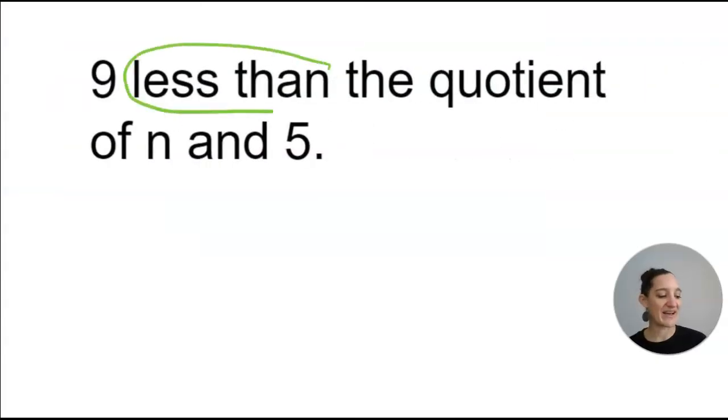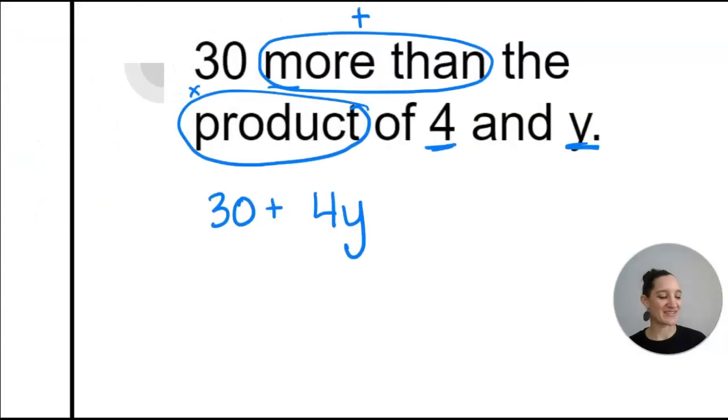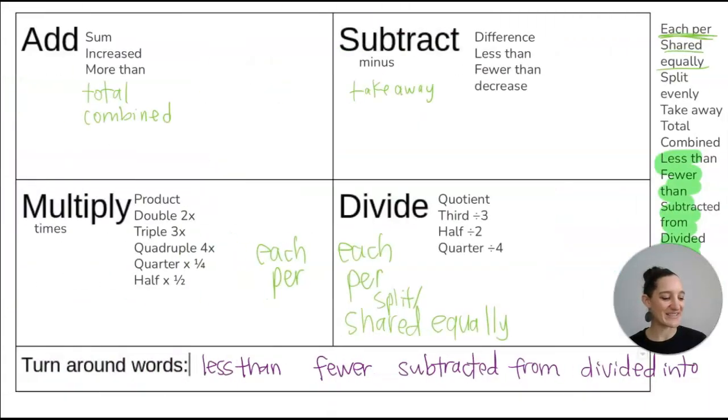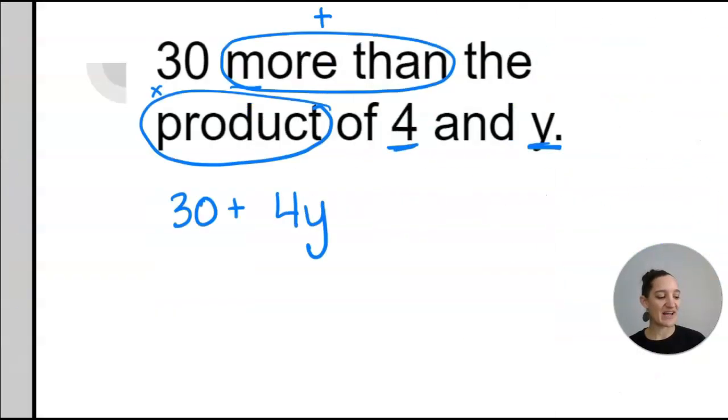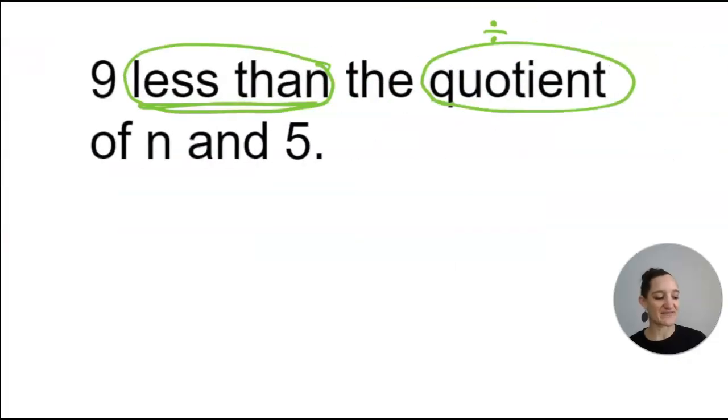9 less than the quotient. All right, so this less than is what I talked about earlier, an example of a turnaround word. The reason I call it a turnaround word is that if I were just going to write 9 less than the quotient of n and 5 in that order, it actually doesn't show me 9 less than.